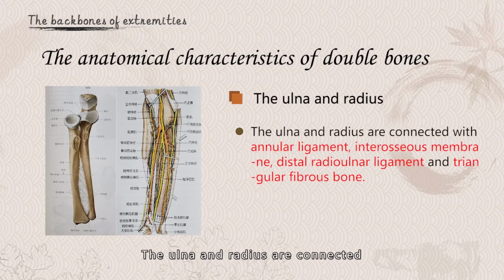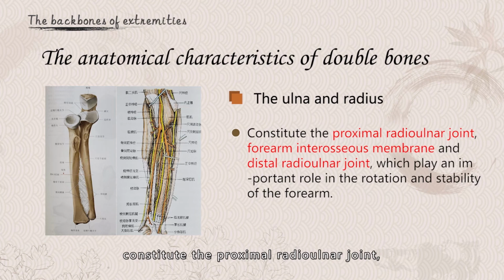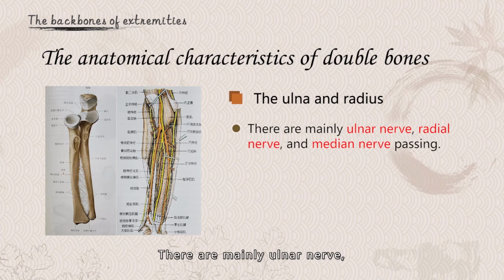The ulna and radius are connected with the annular ligament, interosseous membrane, distal radioulnar ligament, and triangular fibrocartilage to constitute the proximal radioulnar joint. The forearm interosseous membrane and distal radioulnar joint play an important role in the rotation and stability of the forearm. The ulnar nerve, radial nerve, and median nerve mainly pass through.